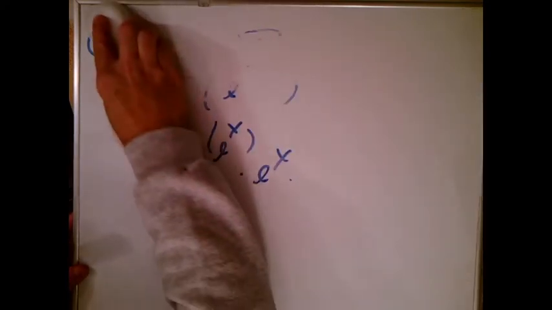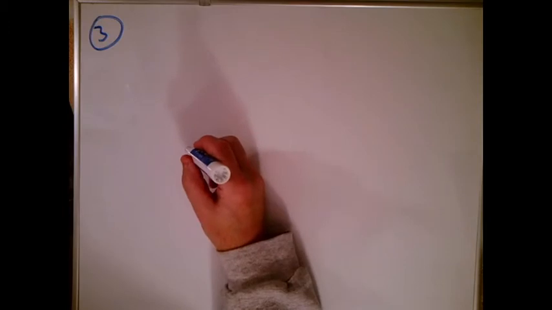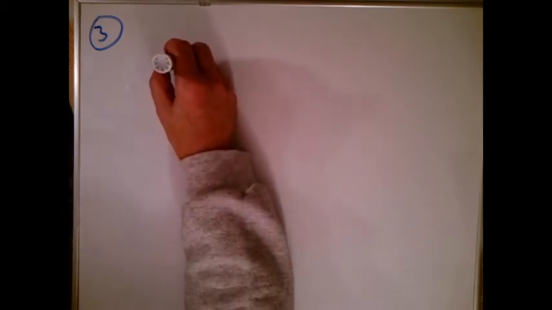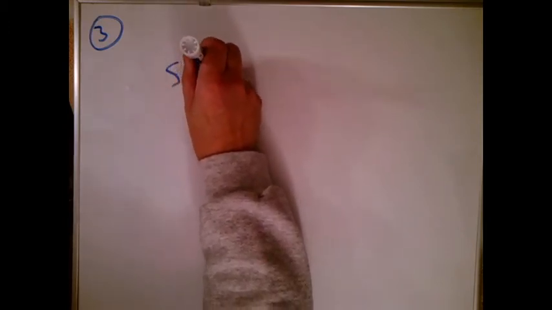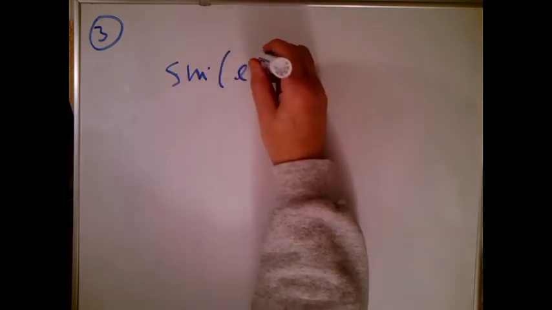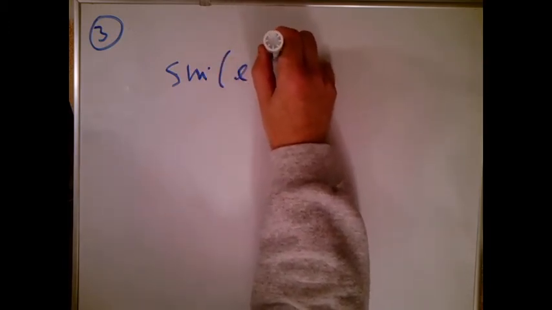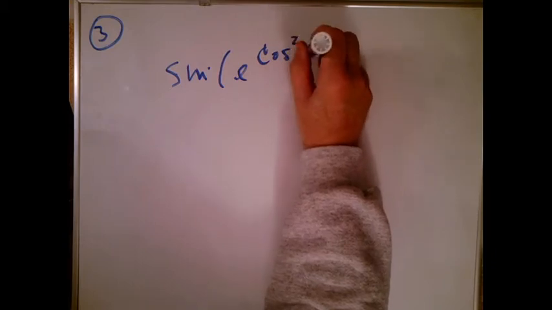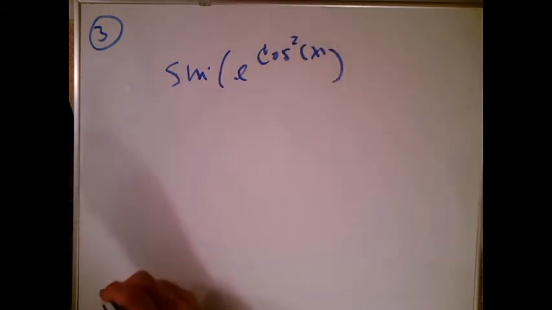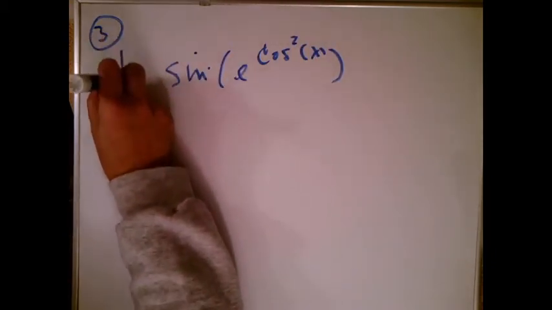Let's see why they call it the chain rule. If I want something like, how about sine of e to the cosine squared of x, like that, and I want the derivative.